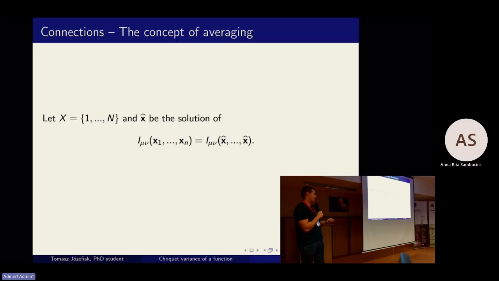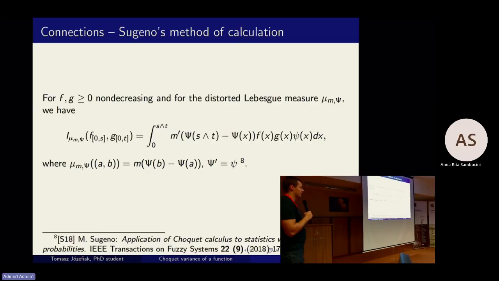And yes, the average value has many applications where it can be chosen. Also, there is some way of dealing with it, maybe from Sugeno's work, which would allow us to directly compute the value if we are dealing with the Lebesgue measure as a limited measure. So we can have a direct formula to calculate this.